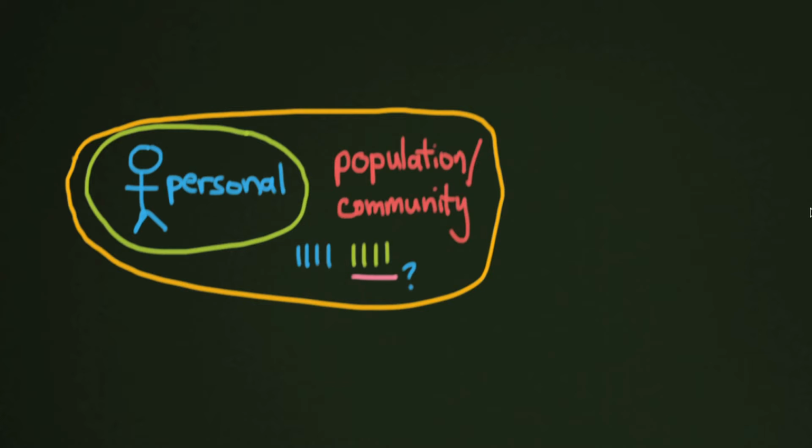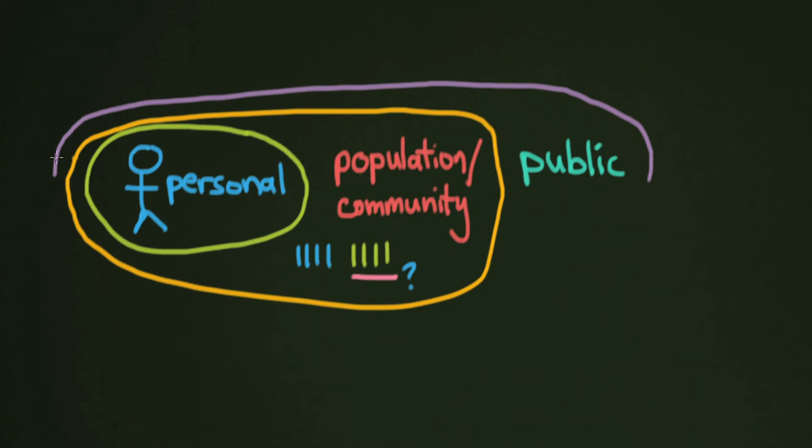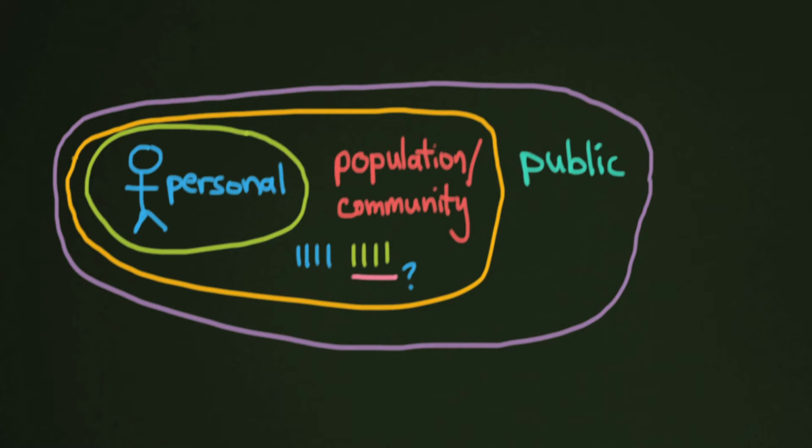And then you've got the public level, and let me find a cool color for public. You've got public health. Public health is an extension, or just a broader term that basically means the same thing as the layer below it, except that it has a lot more to do with things like policy, which we'll probably not be talking about too much in this course, but it definitely has more to do with policy and action.